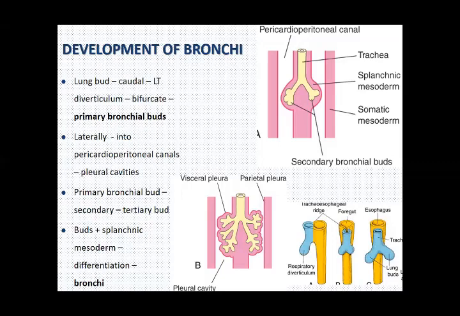Similarly, this is the splanchnic mesenchyme which is surrounding the foregut. यहाँ पे pharyngeal apparatus की थी. लेकिन as you go down, as you grow distally, अब foregut की splanchnic mesenchyme है. ठीक है? This lung bud plus the surrounding splanchnic mesenchyme या mesoderm, this differentiates into bronchi.